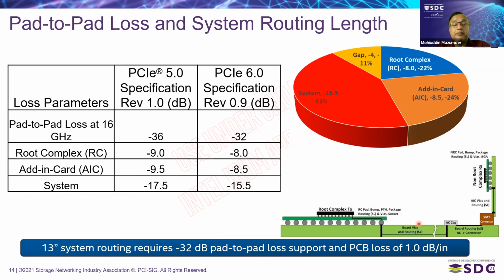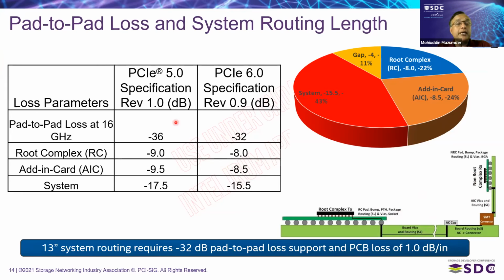It has to be able to support at least about 13 inches of PCB routing, because sometimes that is the distance physically one has to go to connect and place a CEM card. And that has to be enabled without the use of a retimer. So that's a tough constraint to meet.